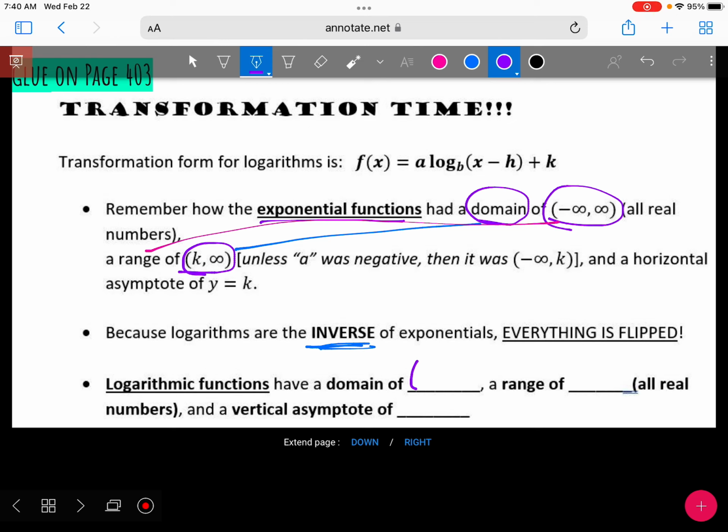So our domain is going to be H to infinity, and our range is going to be all real numbers.